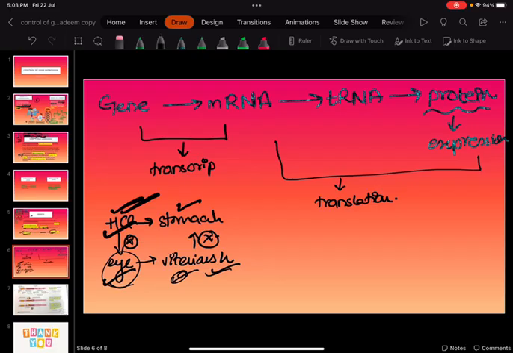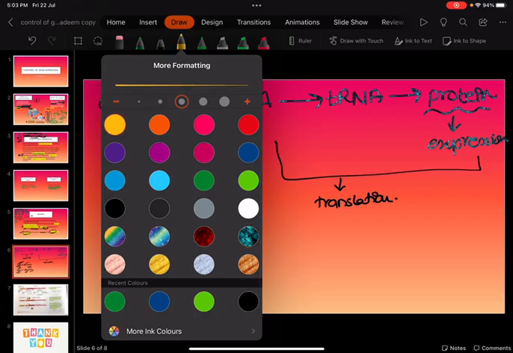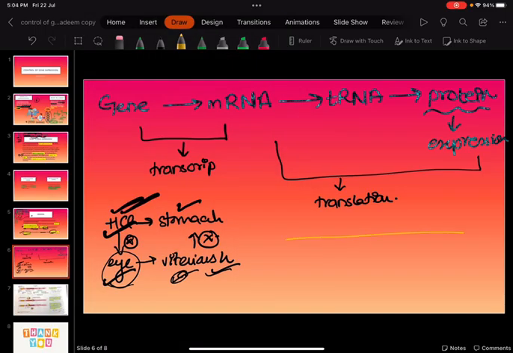Now, we need to talk about how this switching on and switching off goes about. In order to understand that, first you need to understand a basic thing. If we talk about the replication of DNA, if this is DNA polymerase and we need to replicate a strand of DNA, how is it going to replicate the strand?